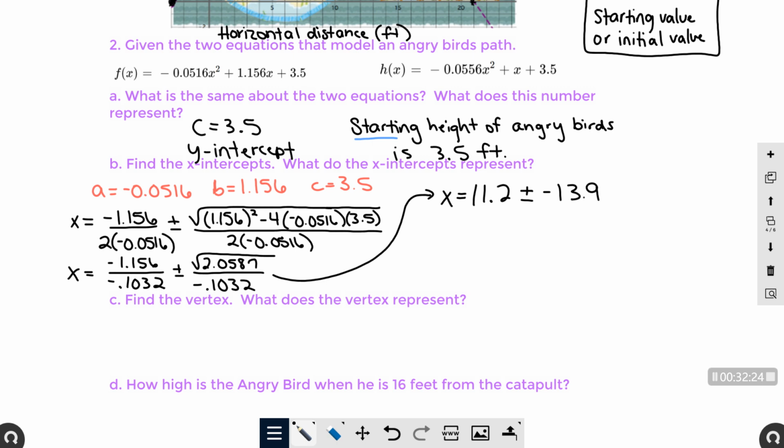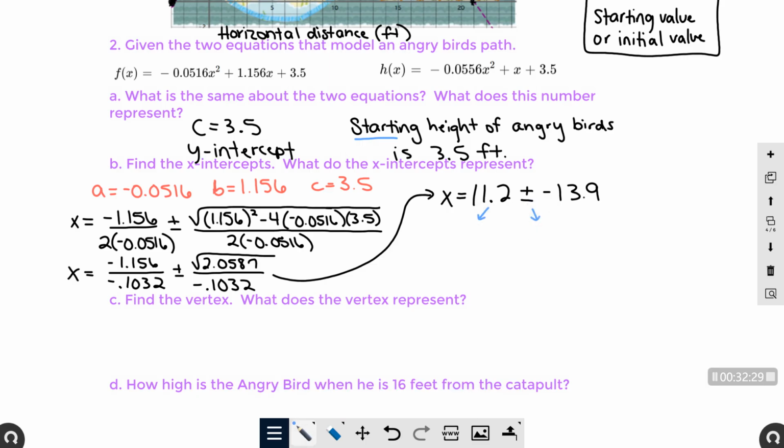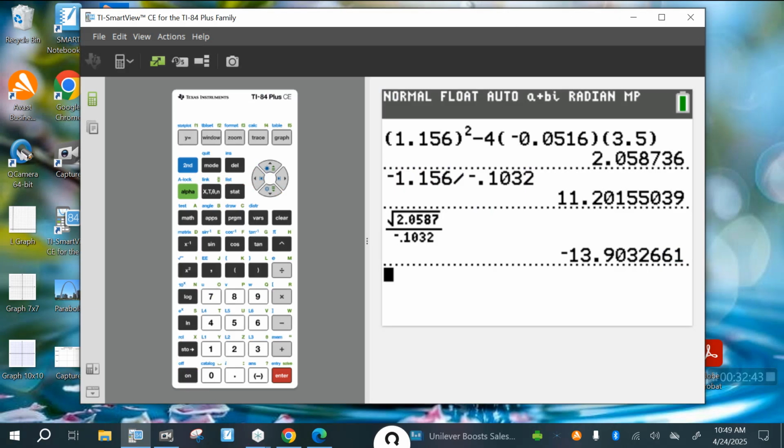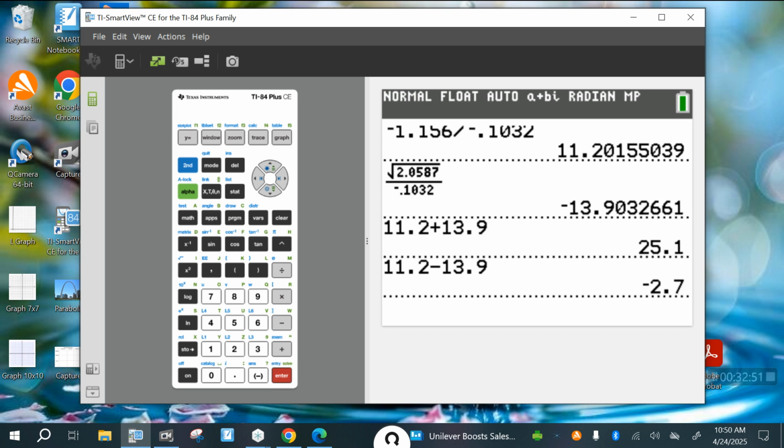So now we have the plus or minus, which we could split up into 2 problems, and we could add and subtract. So 11.2 plus negative 13.9, 11.2 minus negative 13.9. Remember, the minus the negative will change to plus a positive, so that way you could kind of fix those.